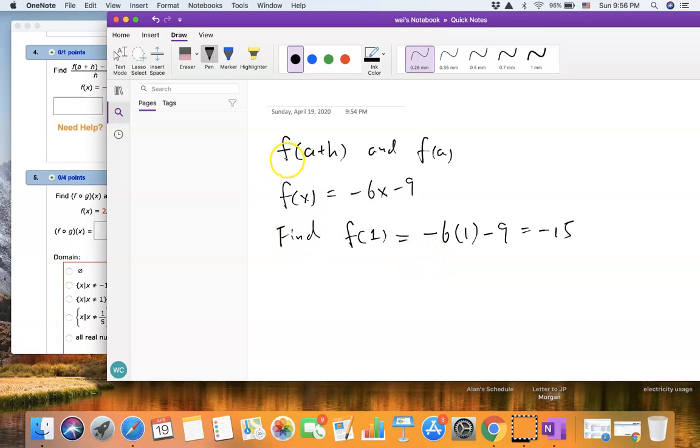Now we want to find what is f of a plus h and f of a. So here what we do is we use this expression a plus h to replace x.